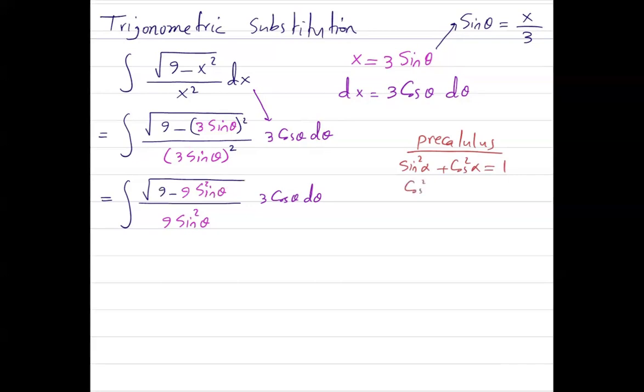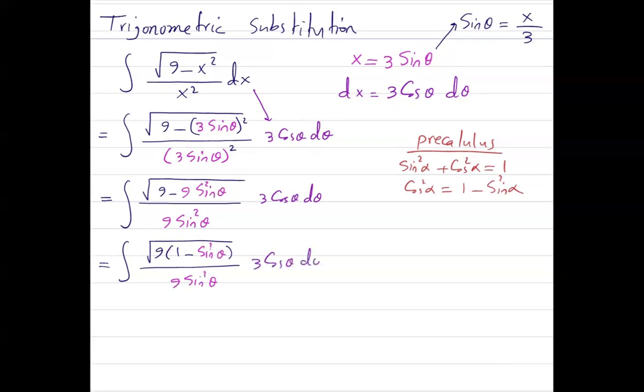So cosine squared of alpha is nothing but 1 minus sine squared of alpha. How is it useful? On the first radical, I have 9 times parentheses 1 minus sine squared theta. On the denominator, I have 9 sine squared theta. And then my dx is 3 cosine theta d theta.